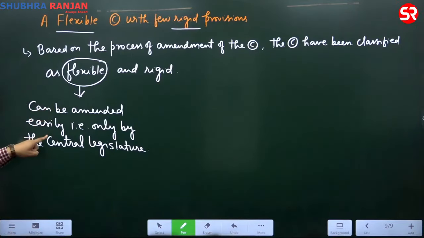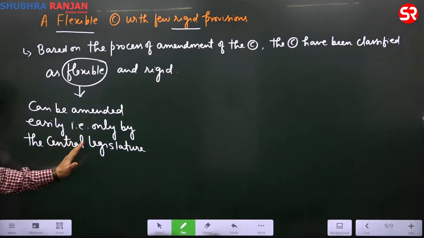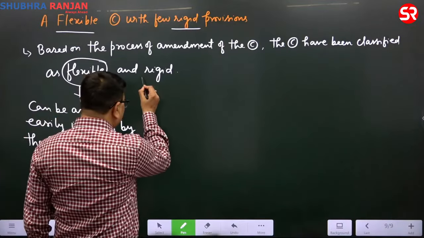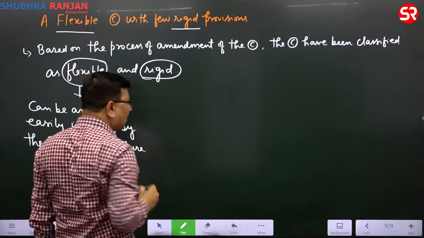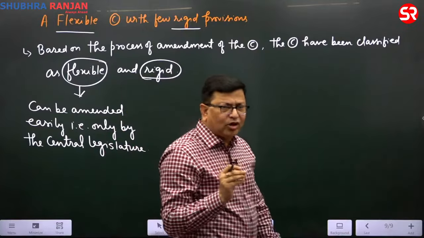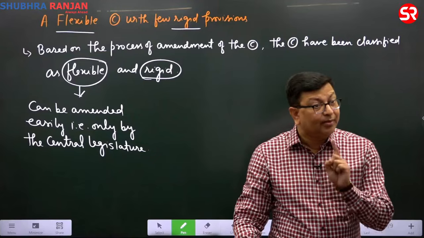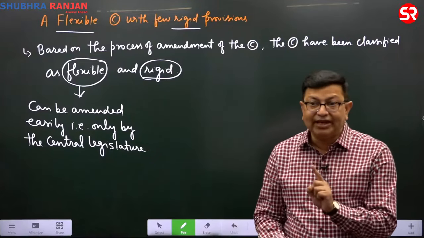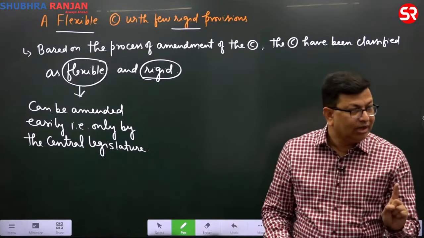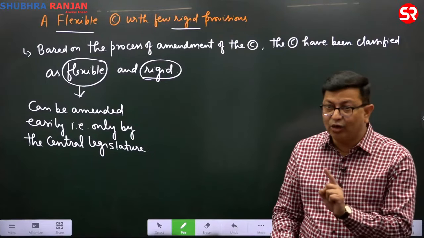Means if the central legislature will pass the bill, the constitution will be amended after being signed by the head of the state. Now, when we talk about a rigid constitution, it means the central legislature plus the ratification by the states also.